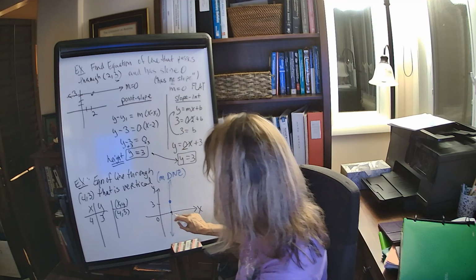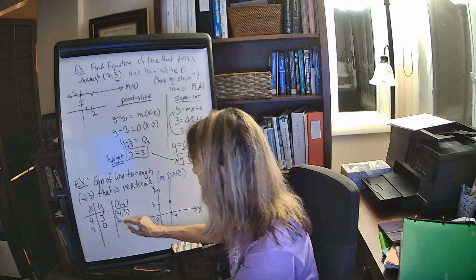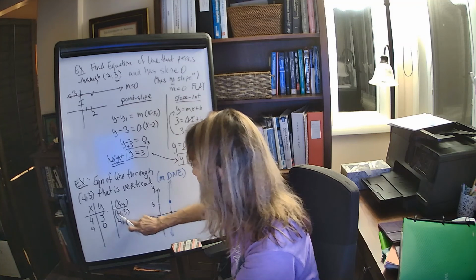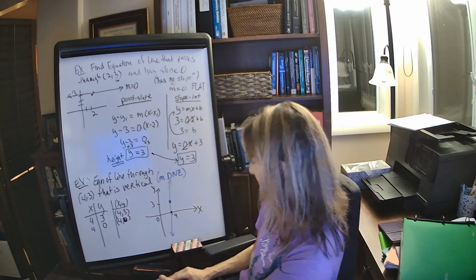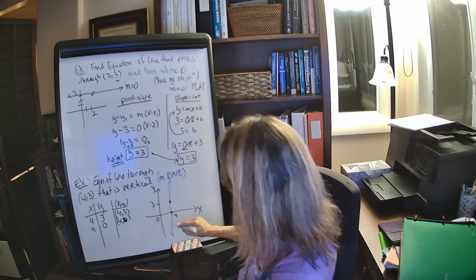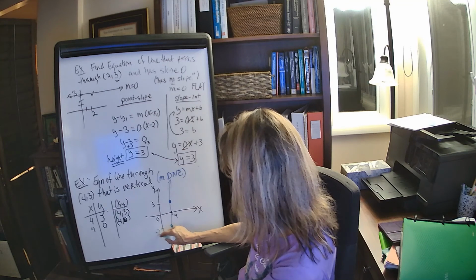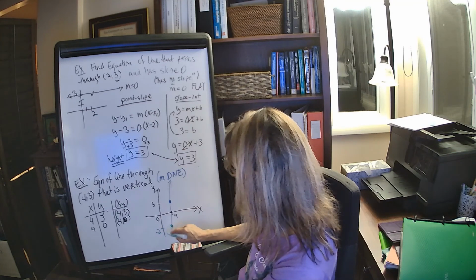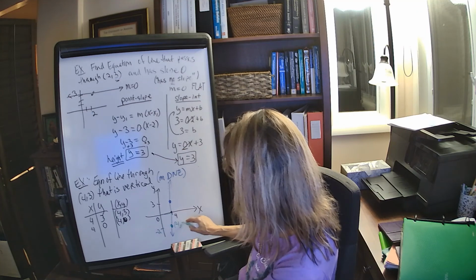That point's on the line. Well, what are the coordinates of that point? That's a 4 and a 0. That's certainly on that vertical line. What about this point down here? I don't know, maybe it's at -2. So what are its coordinates? Well, it's 4 over and -2 down.